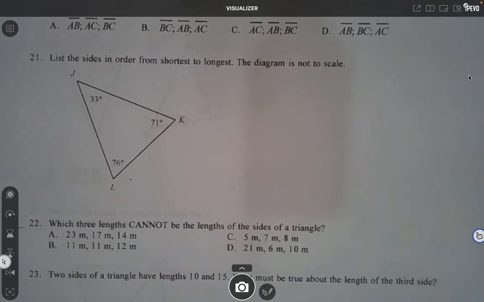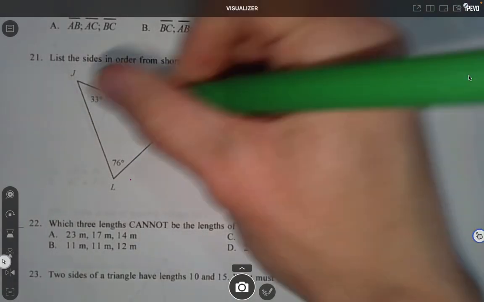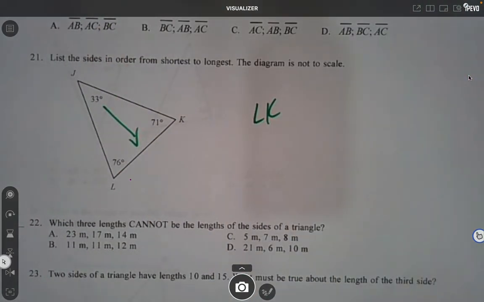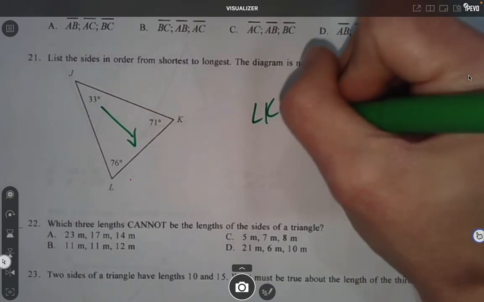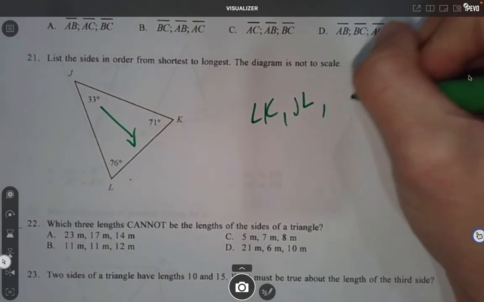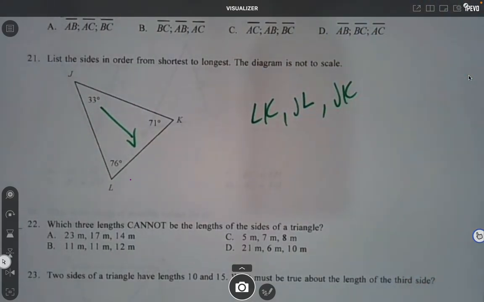21. What's the shortest side? LK. Because it's across from the smallest angle. What's the next shortest side? And then JK. Question? I hear frustration. She's struggling. Remember, your letters can be written in a different order.